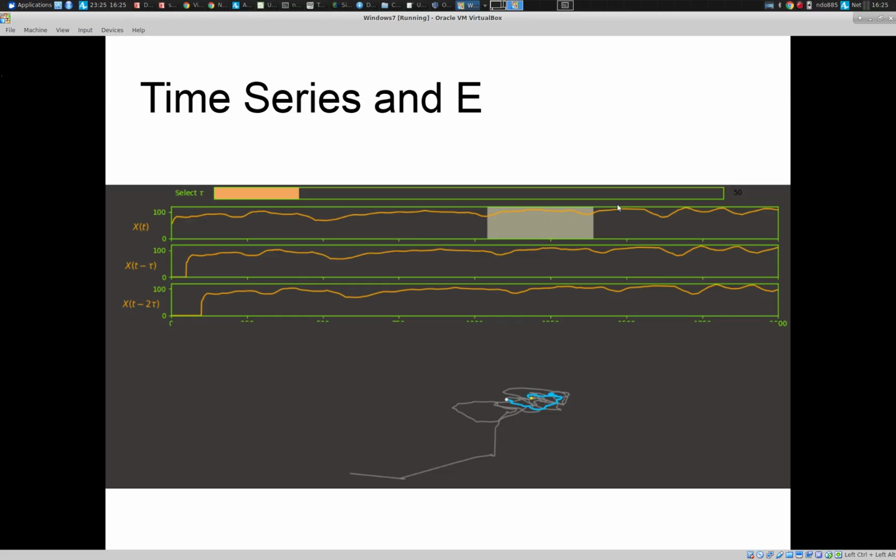But if we have a good time series of it, we can actually reconstruct what those underlying dynamics have got to be, at least the ones that are causally coupled to this. The ones that are affecting this enough that their information is encoded in this time series.